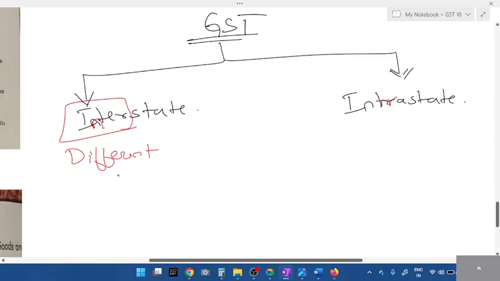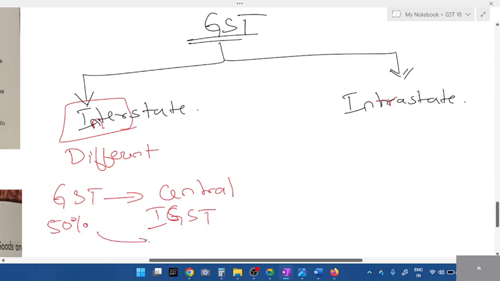If it is a different state, how many CMs? 2 CMs. If there are 2 CMs, always a problem. So this GST will go to whom? GST will go to central. That's the concept. And what do you call that amount? IGST. Simple. If IGST is 50%, the same 50% will go to central.